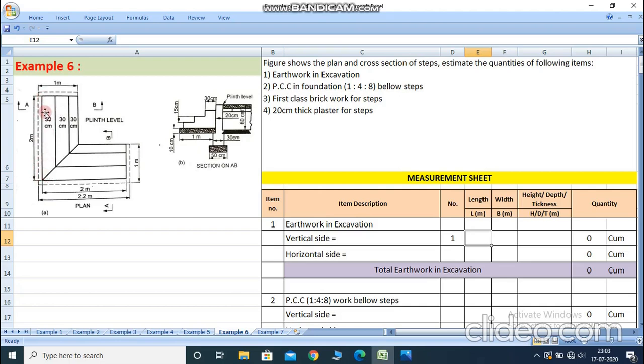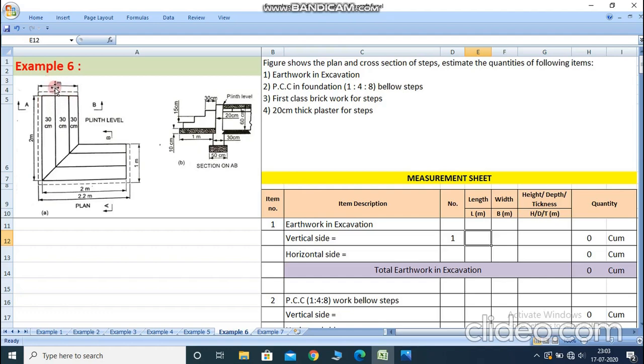Here the length is given as 2 meter in this figure, plus from the corner of the step to the dotted line, upper and lower side, not given, but here a total 1 meter length is given, and 30 centimeter plus 30 centimeter plus 30 centimeter, 3 steps are given. So the total summation is 90 centimeter, meaning 0.9 meter. So 0.9 meter is the total length covered by the steps.